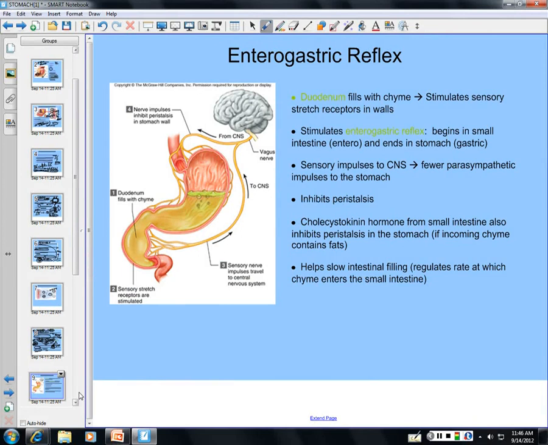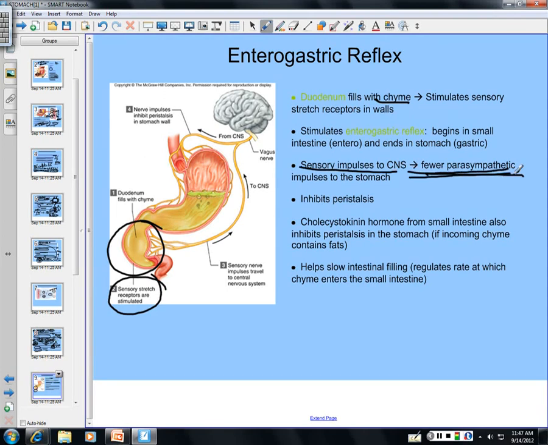So the same enterogastric reflex, repeated. When the duodenum fills up with chyme, sensory stretch receptors are stimulated. The stretch receptors are stimulated because food has entered here. This will stimulate the enterogastric reflex. What will this do? Impulses are sent to the central nervous system, and as a result, fewer parasympathetic impulses reach the stomach.